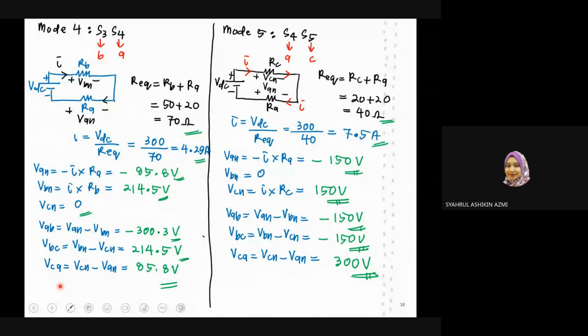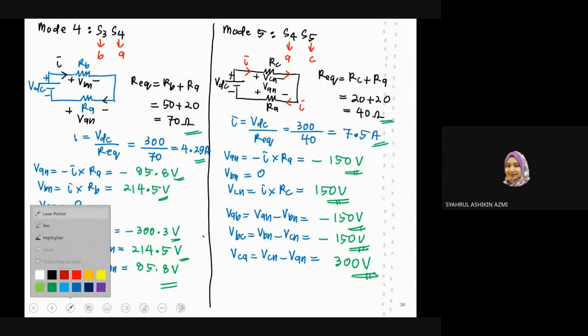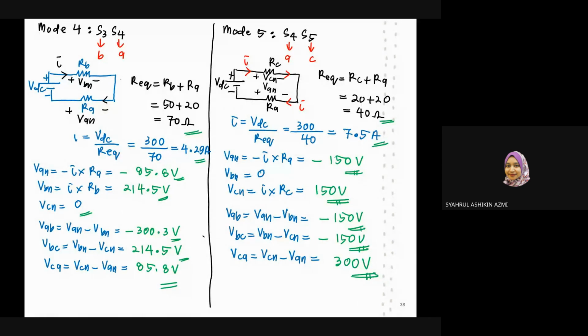Okay, again, the steps need to be followed, which is find the equivalent resistor. In this case, it will be equal to 70 ohm. Okay, in step number 2, find the current. Current will be equal to 4.29 ampere. Step number 3, find the voltage. And also, you can find line-to-line voltage if needed, and then the current.